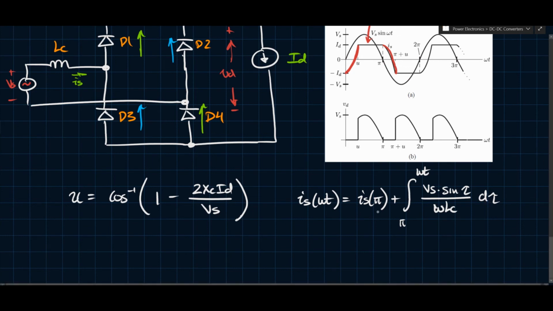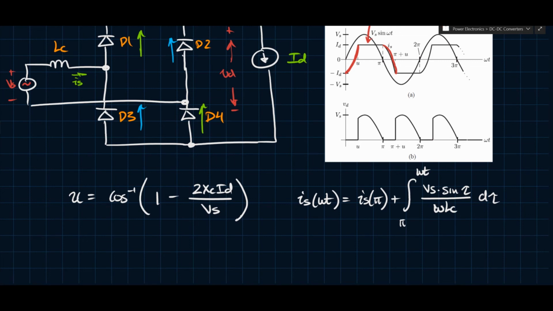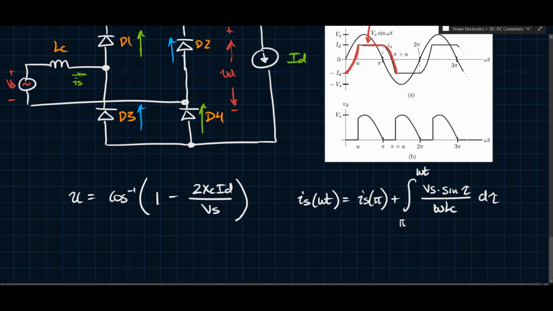If you solve this integral and you know that Is of pi is equal to Id, because Id is this constant current here, you can substitute it in and get an expression for the entire thing. On the other hand, you know another condition: Is of pi plus U is equal to minus Id. Once you get this overall expression, you can apply this condition, and then you can get this expression for U.